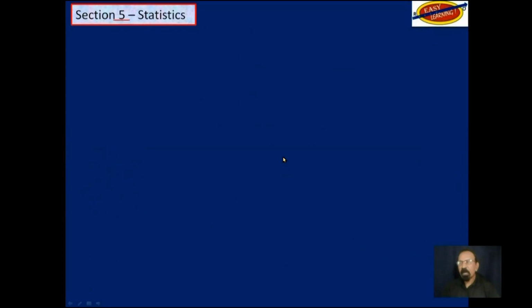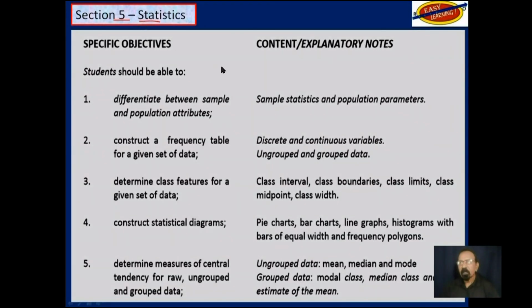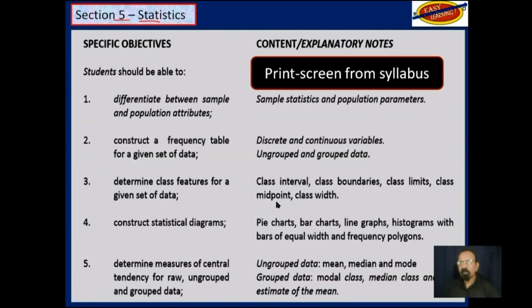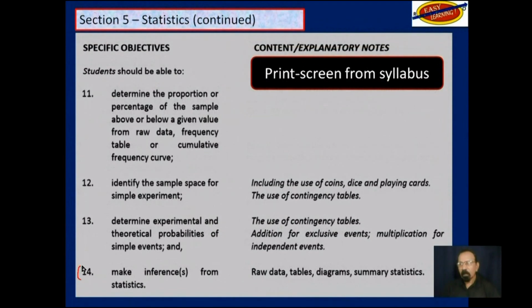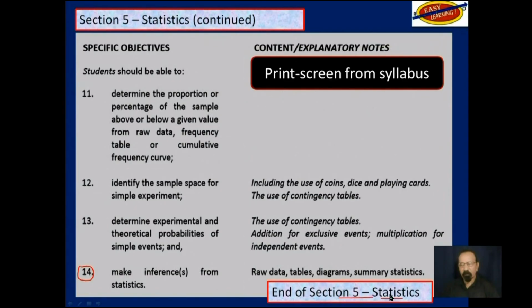So, section 5, statistics. Here you have the first 5 objectives, the print screen from the syllabus. And then you have another 5, again a print screen from the syllabus. And finally, another 4, which brings us to 14. So this section has 14 specific objectives.